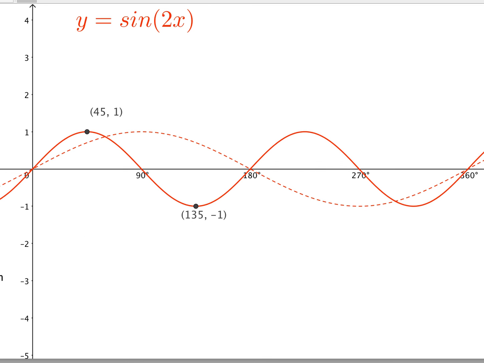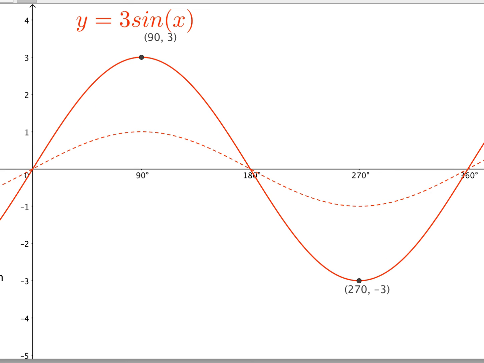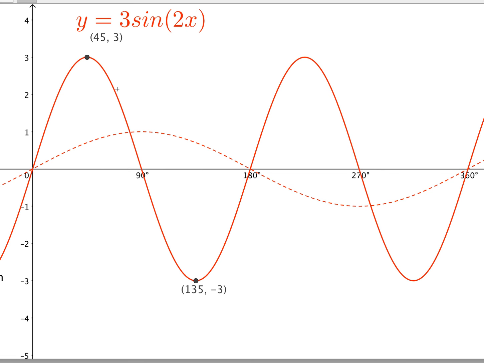Now these 2 changes are the main changes you need to get to know. They will be combined. So for example, that's 3 sine 2x. Notice the y coordinate's tripled. Now the x coordinates are affected. The period has halved.